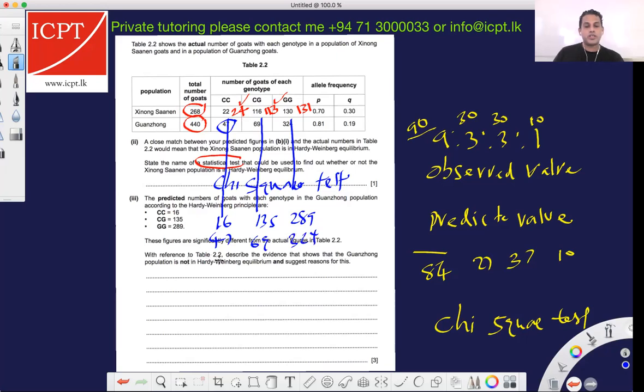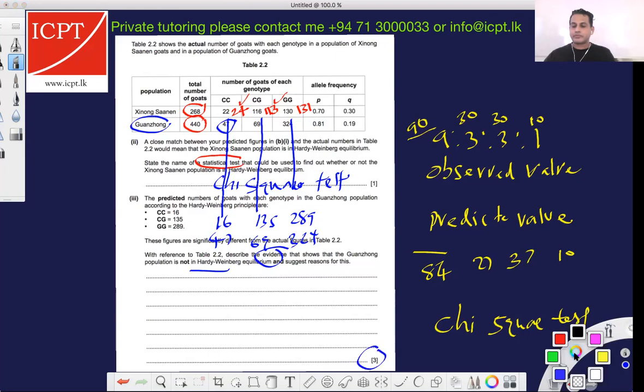With reference to table 2.2, describe the evidence that shows that this Guangdong population is not in Hardy-Weinberg equilibrium, and suggest a reason for that. Okay, it's a 3 marks question. We cannot perform a chi-square test at the moment for this case, but we can check the values again.